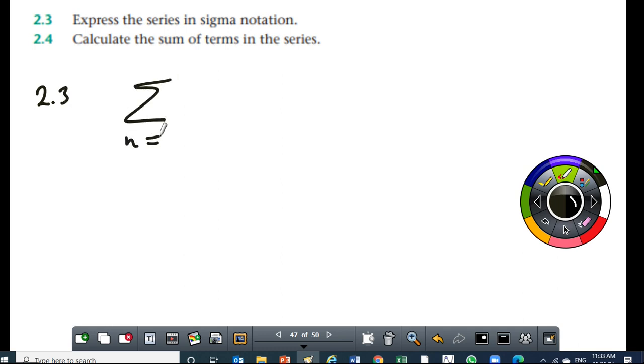We are starting from n equal to 1. How many terms are there? Up to n equal to 8. There are 8 terms in the series. So we start from n equal to 1 up to n equal to 8. Now, we have got 2 times 9 to the power of n minus 1. That's the general term.